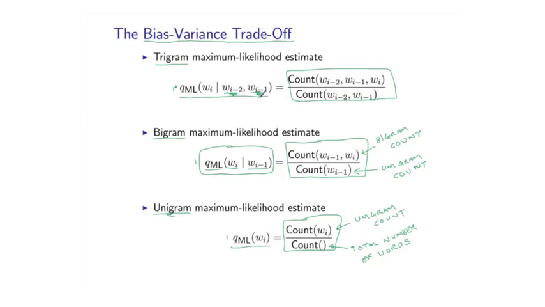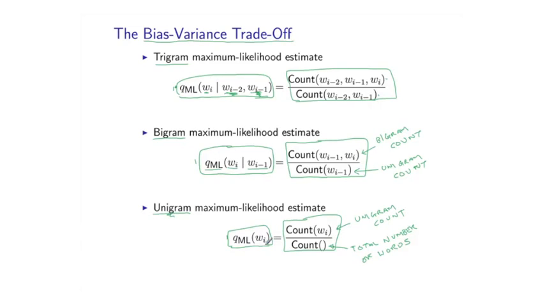Given enough training samples, these counts will be relatively high, and this will converge to a reasonable estimate of the probability of wi given the context. In contrast, if we look at the unigram estimate, it completely ignores the context, and so it'll fail to capture contextual effects, and so it will converge to a less good estimator as the number of training samples increases.